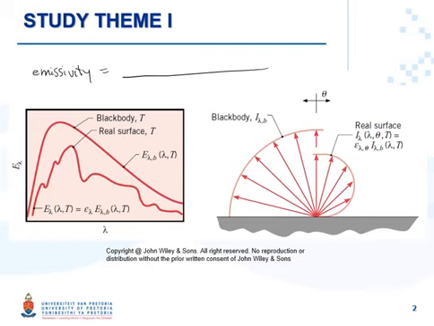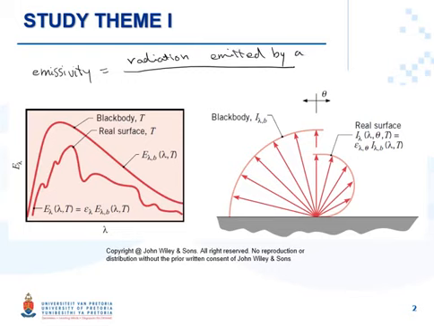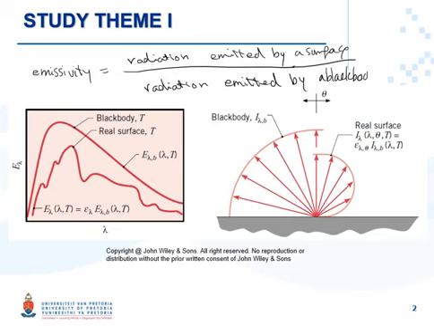So I can say that emissivity of a surface can be defined as a ratio between radiation emitted by a surface divided by radiation emitted by a Blackbody at the same temperature. Okay? Very simple.